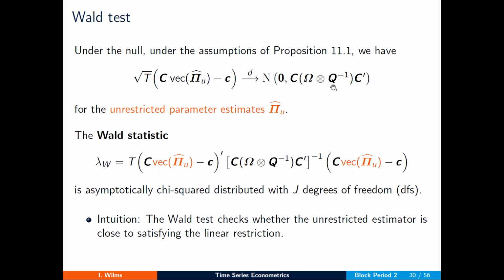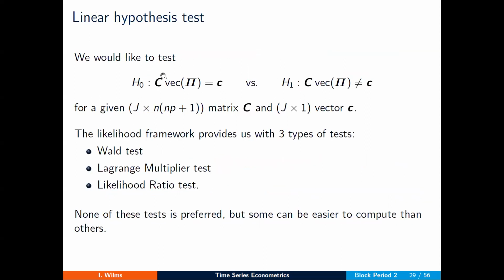Well, we start from the asymptotic variance we had before, plus pre and post multiplication with the gradient of this guy with respect to pi, which is then nothing more than the matrix C that contains the information on which hypothesis we exactly want to test.